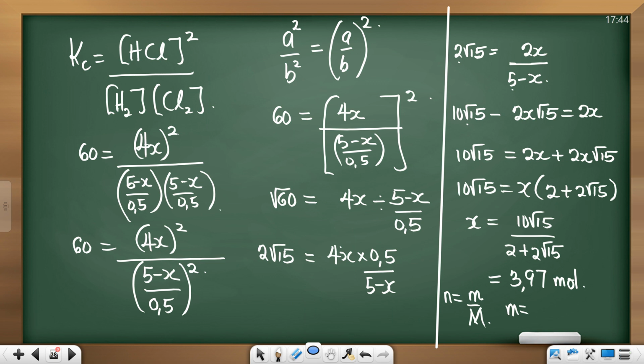What is 5 minus 3.97? 1.03 moles. And from there, you can calculate your mass by multiplying by what? 71, I think.